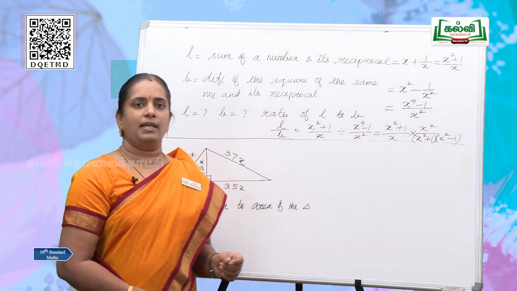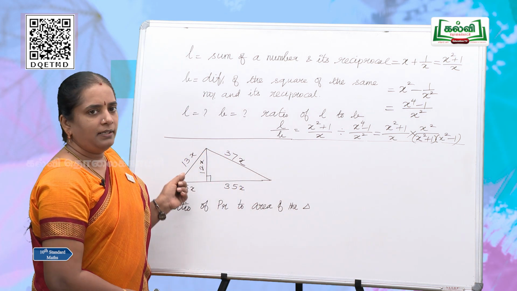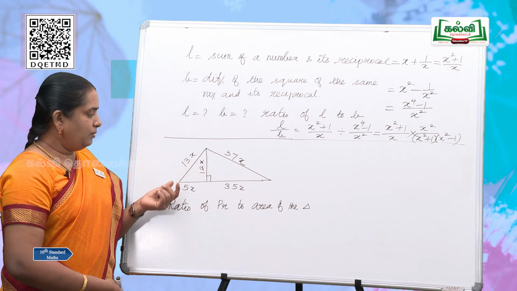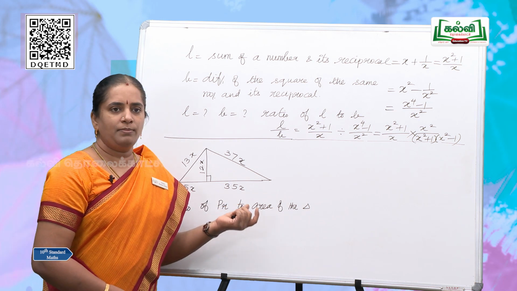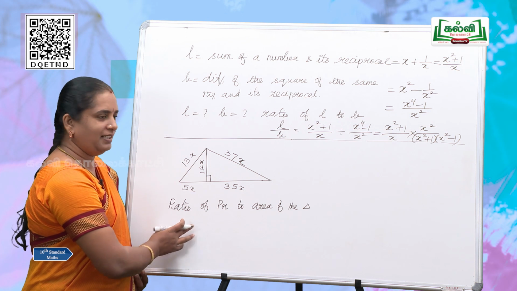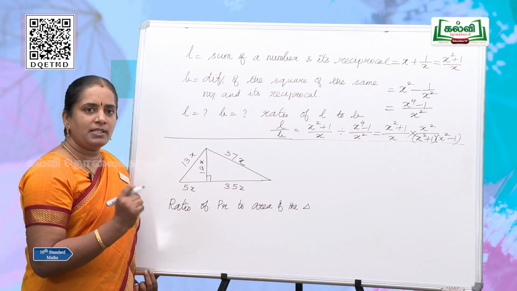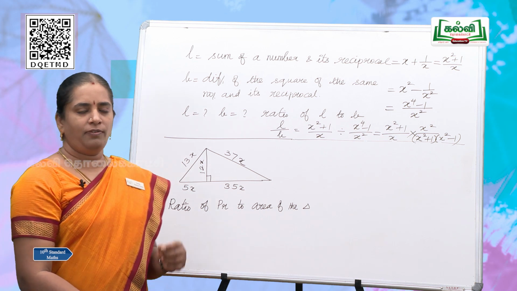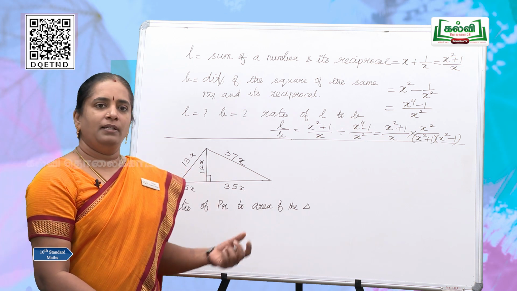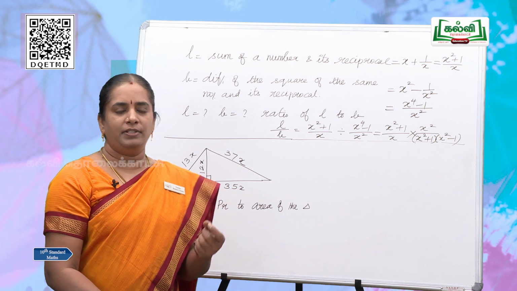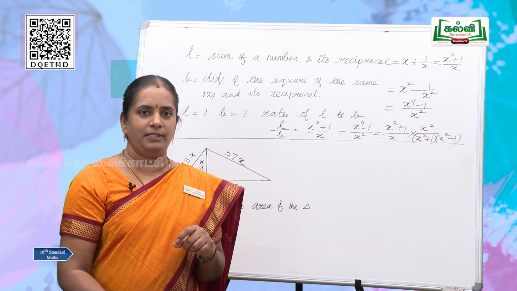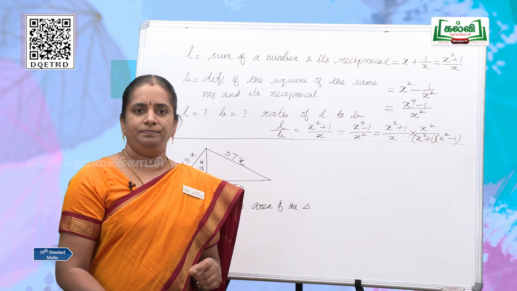Let us move on to the next activity. Here our triangle is given. The measurements are given in terms of x. Now, we are going to find the ratio of perimeter to the area. First, what is the perimeter of the triangle? You know the formula. It is nothing but adding all the sides of the triangle, a plus b plus c.